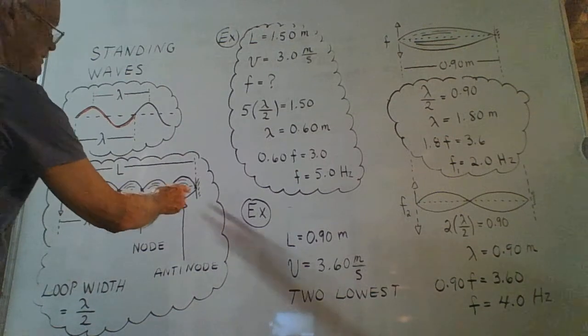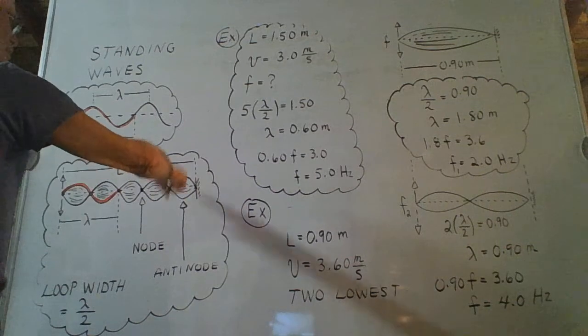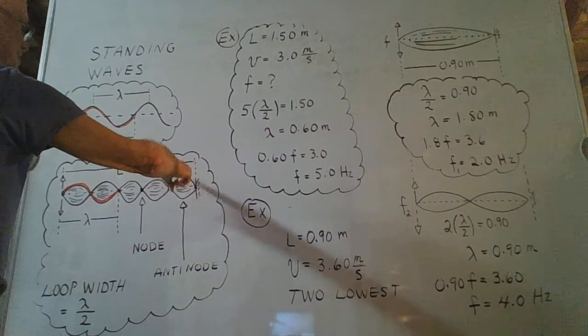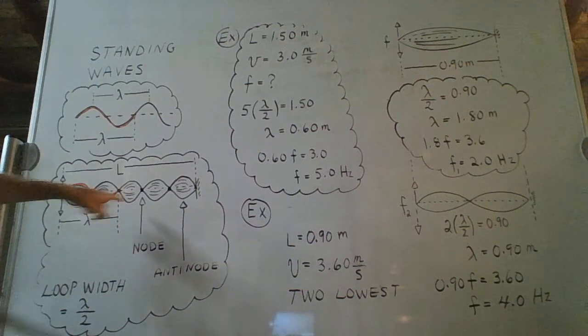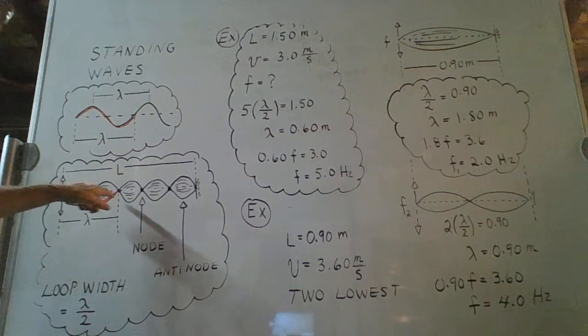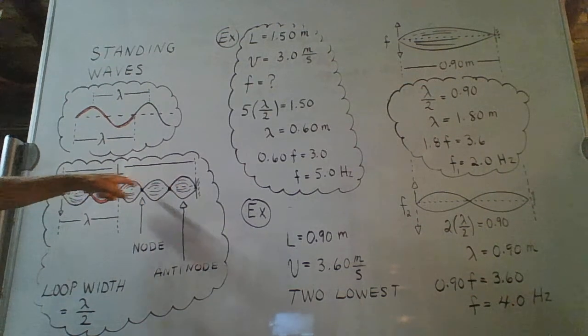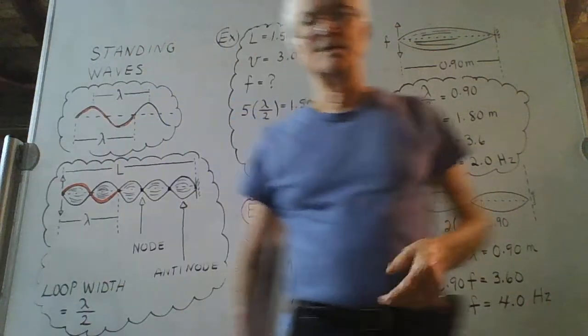At those places in between 2 nodes, there is an antinode where very significant oscillations take place. The reason this wave will be called a standing wave is that there are certain points, nodes, along the length of the string that are standing still, not oscillating.